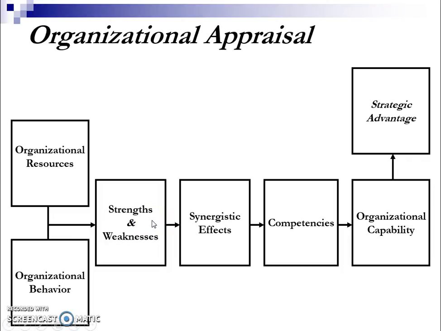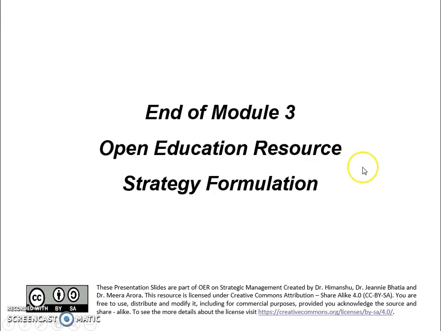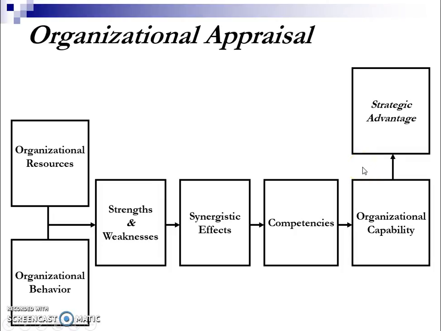Now these strengths and weaknesses will further lead to synergy or dysergy effects within the organization, leading to competencies or otherwise incompetencies in the firm, eventually leading to organizational capability or organizational incapability. And finally, if everything is positive, strengths, synergy, competencies, and capability will lead to strategic advantage for a firm.